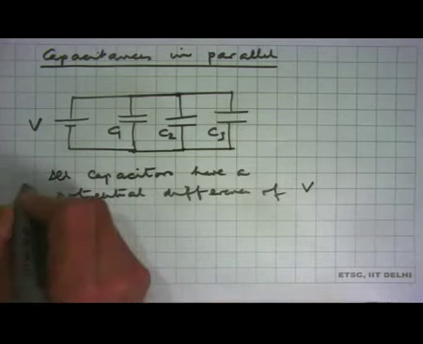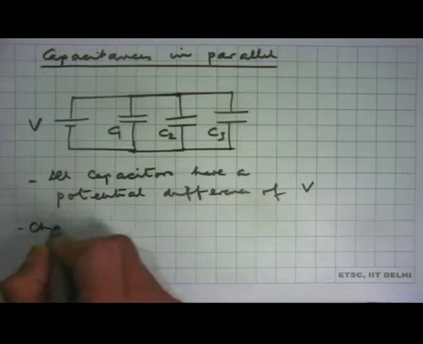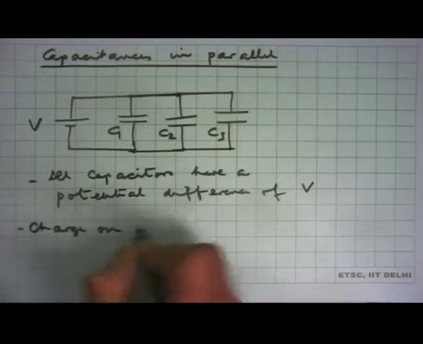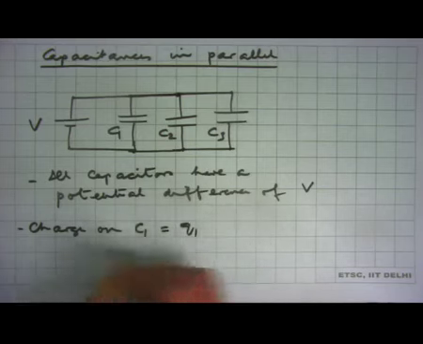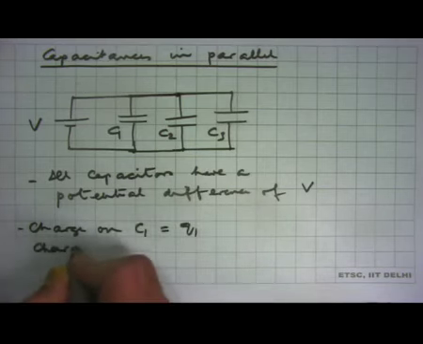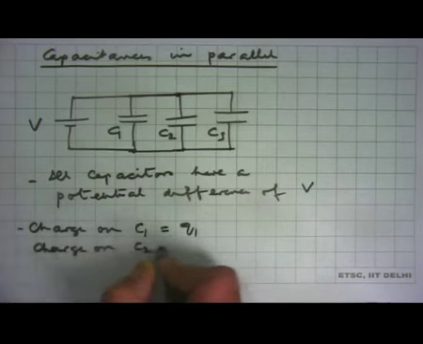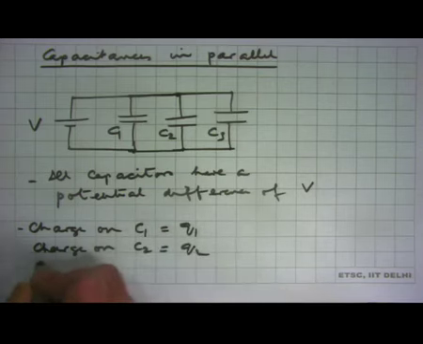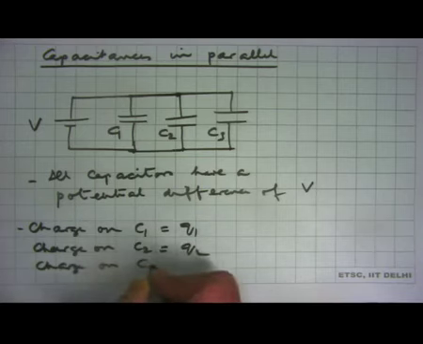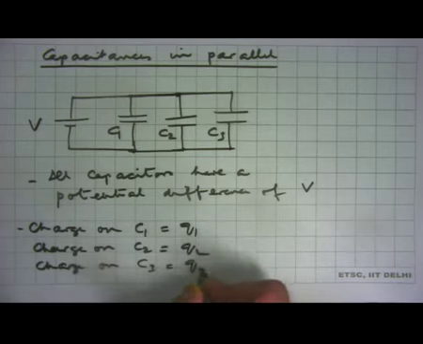Now, let me assume the charge on C1 is equal to Q1, the charge on C2 is equal to Q2, and the charge on C3 is equal to Q3.